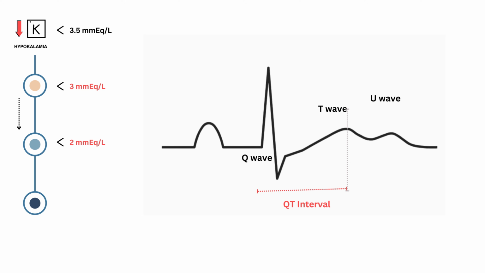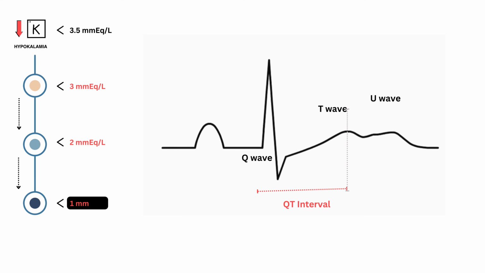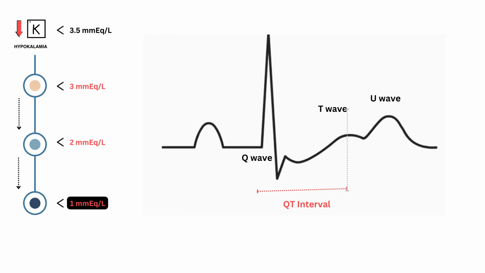In really severe cases, when your potassium levels are less than 1 milliequivalent per liter, the U wave and T wave can actually merge together, making it hard to tell them apart. It's like if you had a bunch of kids wearing the same uniform, and you can't tell who's who anymore. I mean, the heart's trying to do its thing, but it's having a really hard time because it's all jumbled up.